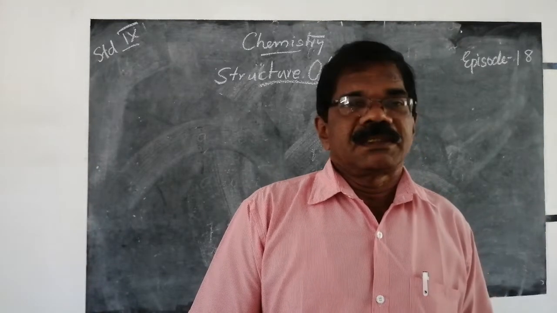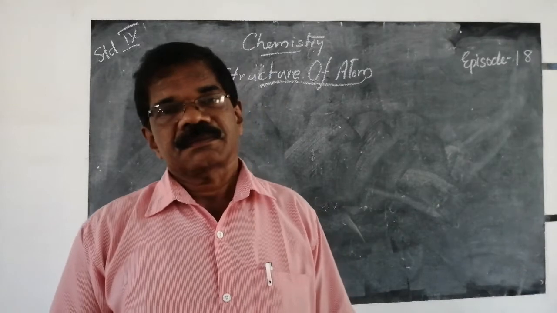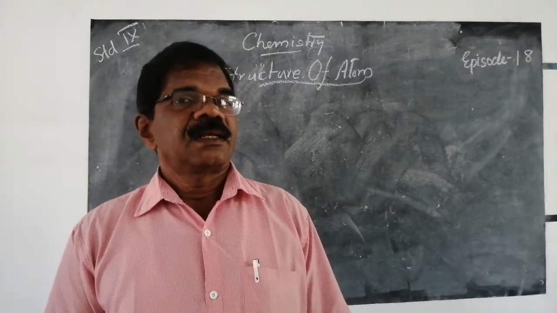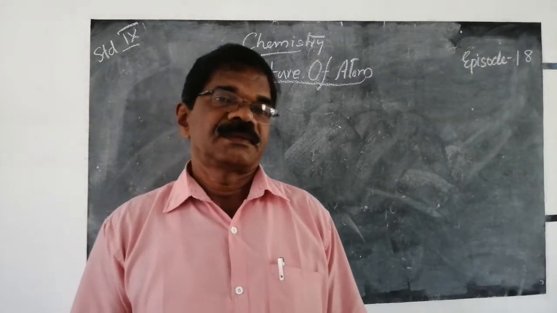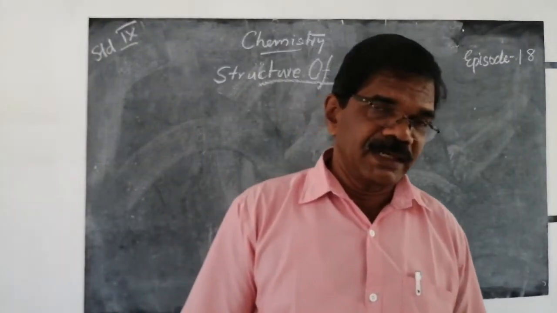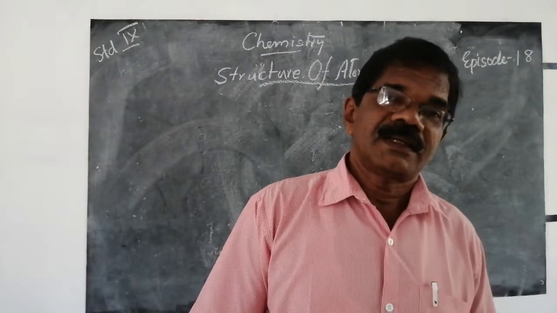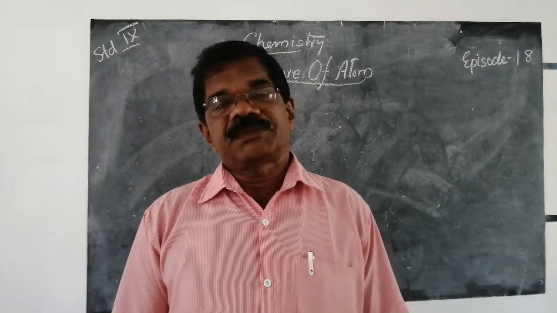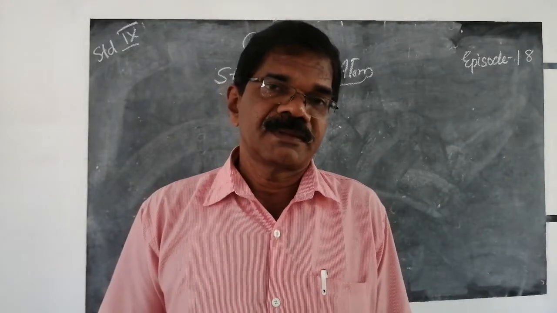in the previous chapter, we learned the symbol of an element. 118 elements, 118 symbols. The naming of elements I learned in the 8th standard. In the 9th standard, it comes the names of the elements as well as the symbols of the elements.